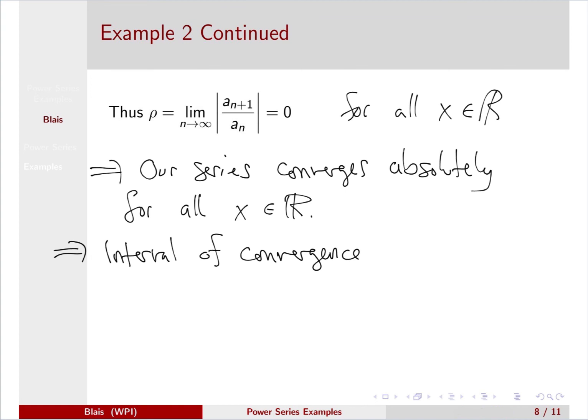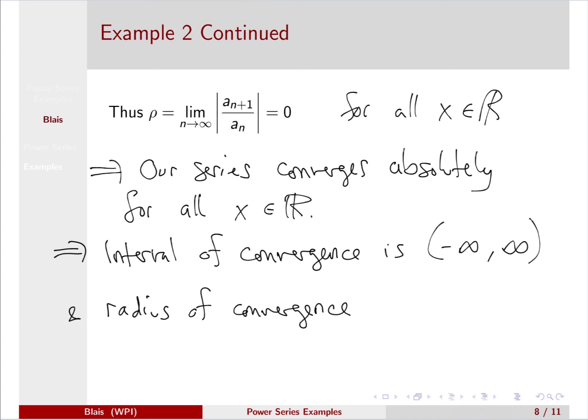So the interval of convergence is the interval minus infinity to infinity. And our radius of convergence, which is, of course, half of the width of this interval, also has to be infinite.